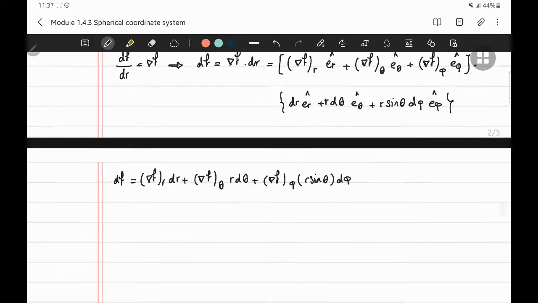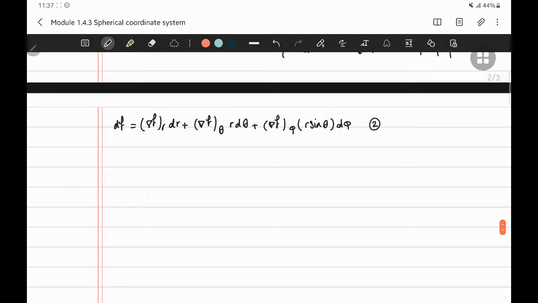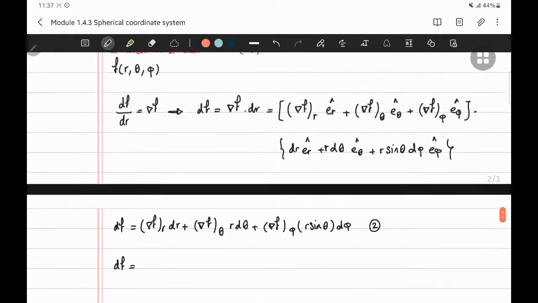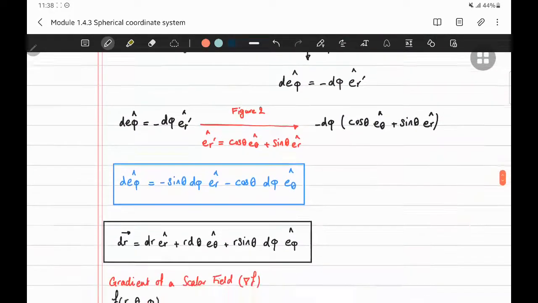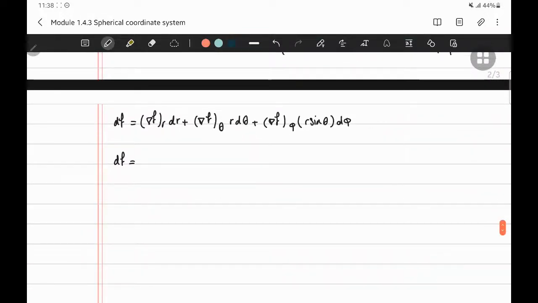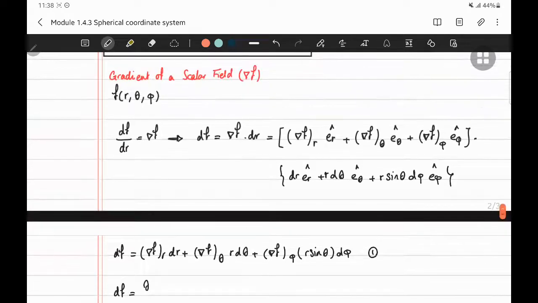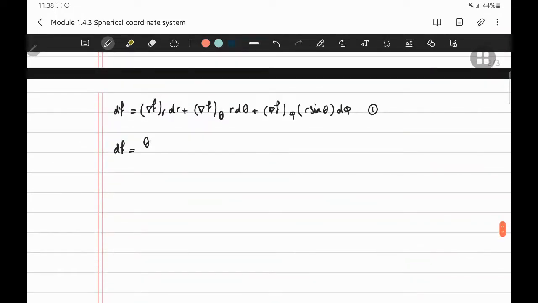I'll call this 1. And then I have df. So f is a function of r, theta, and phi, so df is the partial derivative of f with respect to r dr, plus the partial derivative of f with respect to theta d theta, plus the partial derivative of f with respect to phi d phi, and I call this 2.